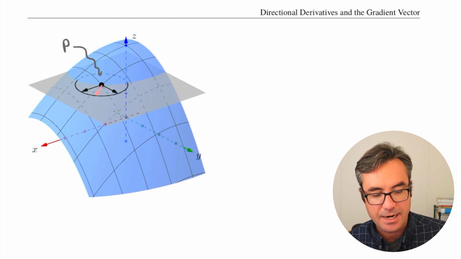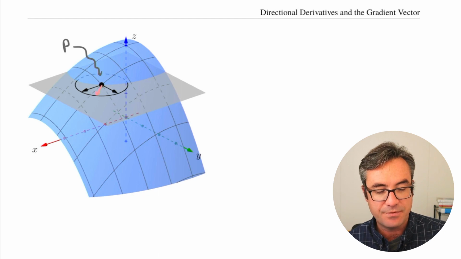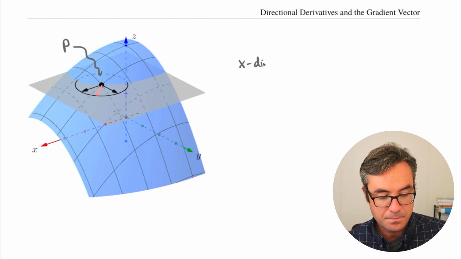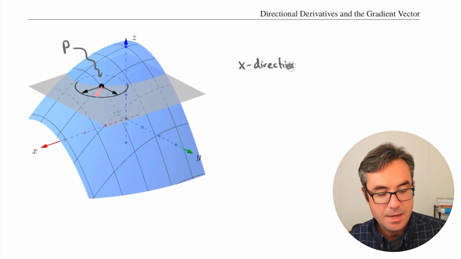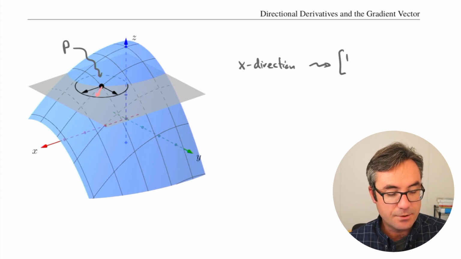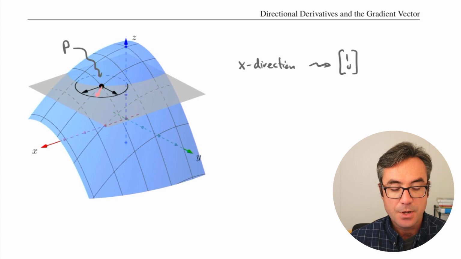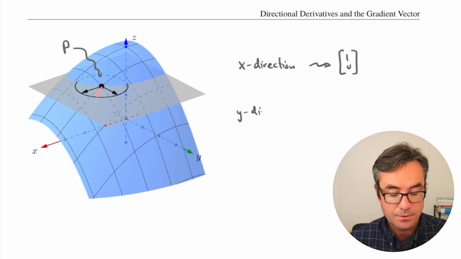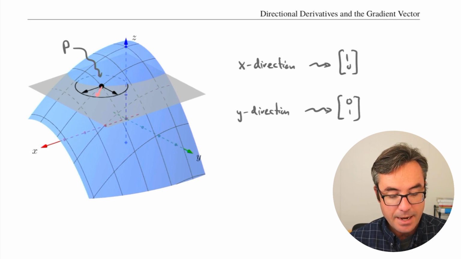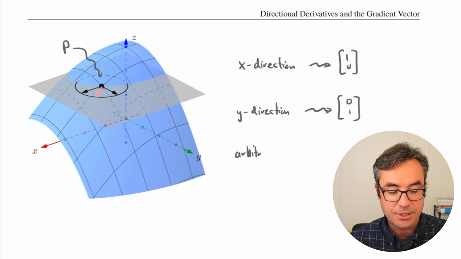So imagine standing at this point P. We have our x direction, which is given by the vector 1, 0, if we're at that point P. We have our y direction, which is given by the vector 0, 1. And now we're going to look at an arbitrary direction.